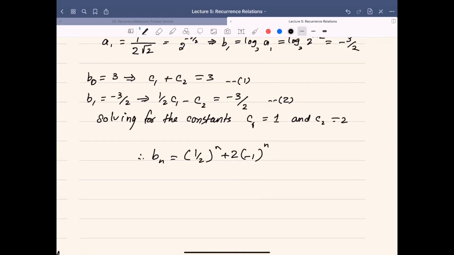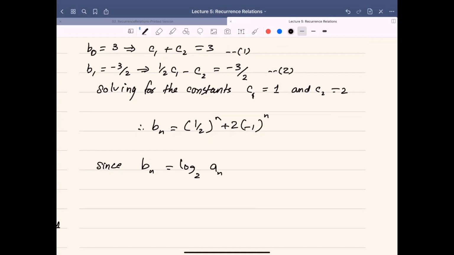Now we need to find the answer in terms of a_n, not b_n. So what is the relationship between b_n and a_n? Since b_n is equal to log 2 of a_n, how do we take a_n outside the log? This is base 2, so you have to raise this side to the power of 2 and raise this one to the power of 2. So from here we will have 2 to the power b_n is equal to 2 to the power log 2 a_n.